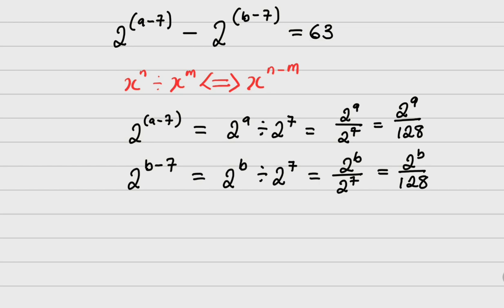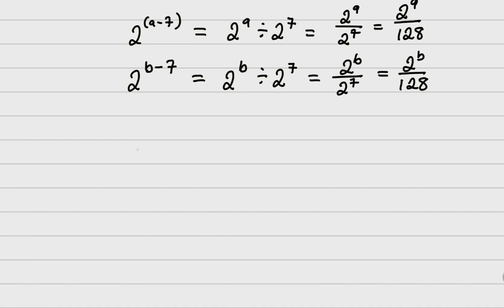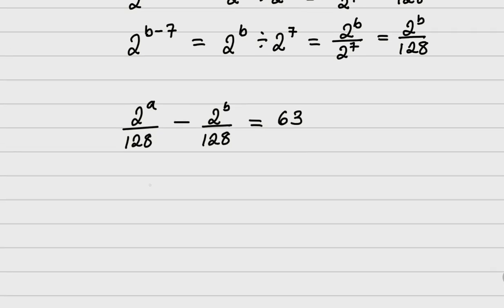I will now substitute back into the question so that I'm going to have 2 raised to power a all over 128 minus 2 raised to power b all over 128 is equals to 63. Now, this is 2 raised to power a minus 2 raised to power b all over 128, okay, is equals to 63.